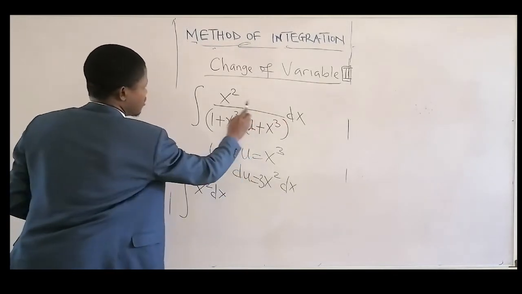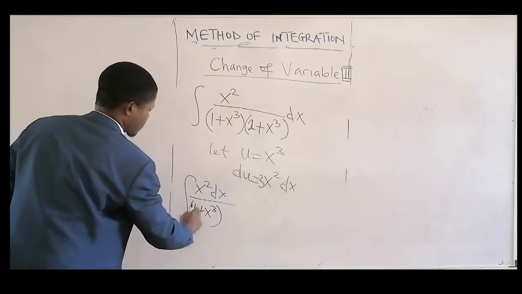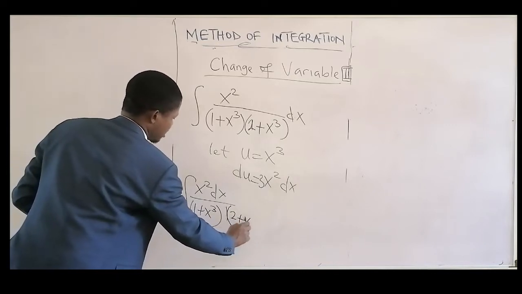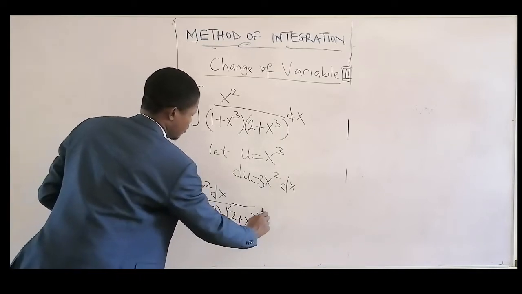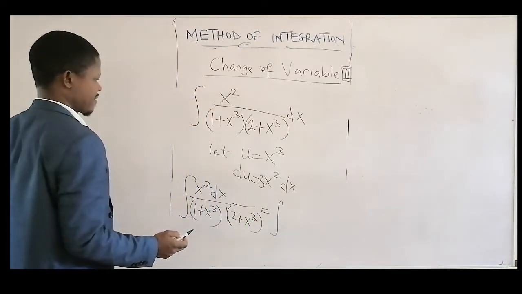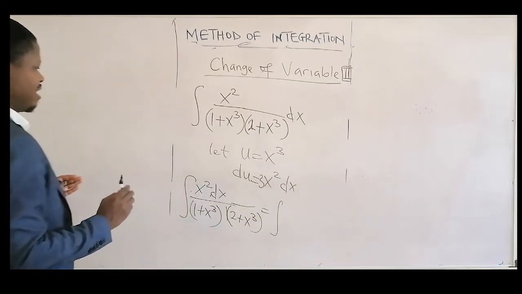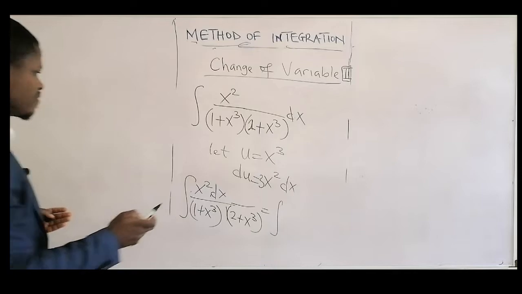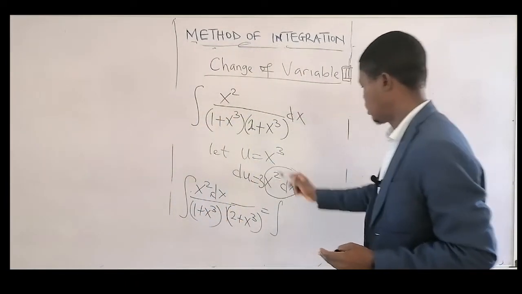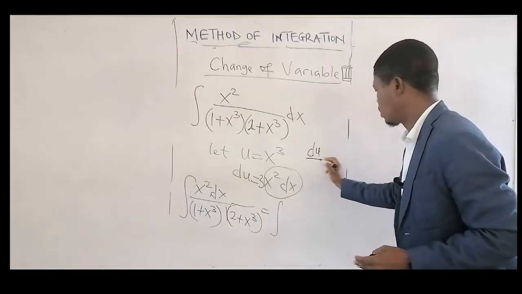So we can now write our question as the integral of x squared dx all over 1 plus x cubed times 2 plus x cubed. This dx can come and join this x squared. We can begin to substitute now. x squared dx is what? From here, we can make this one the subject: x squared dx is equal to du over 3.